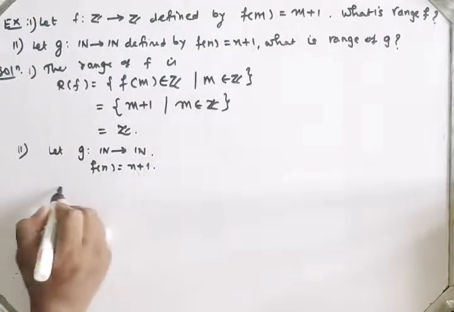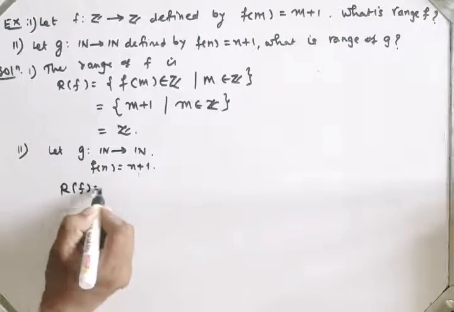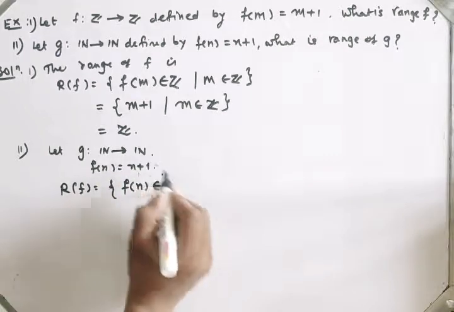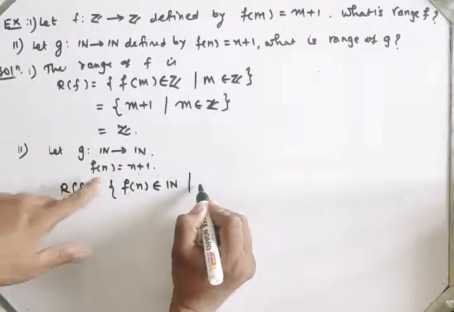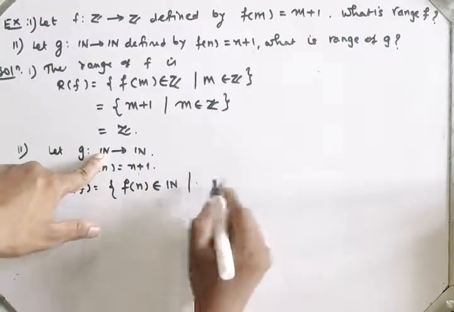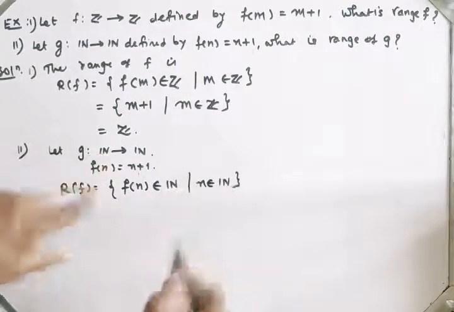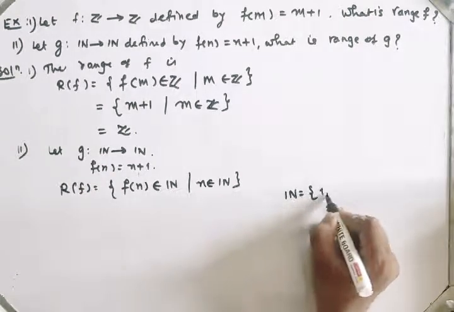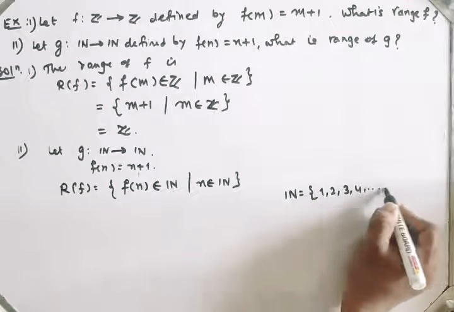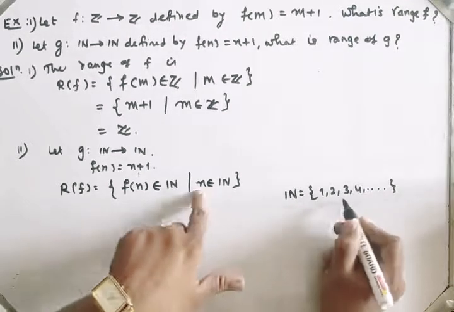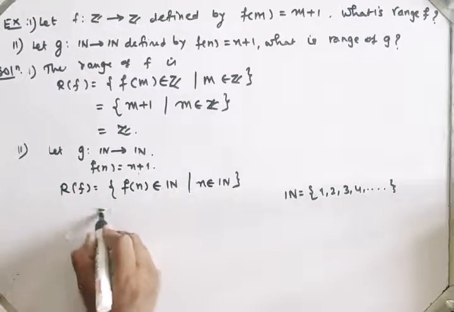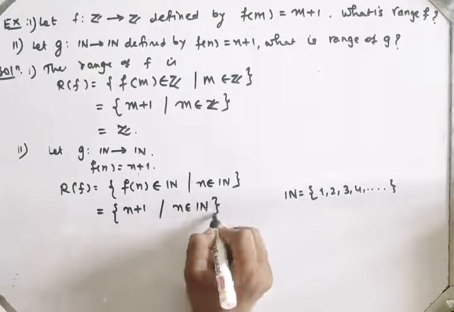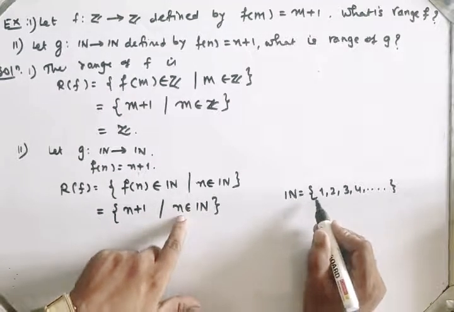So we have to find the range. The range is defined by the set of f of n belonging to the codomain of natural numbers, such that n belongs to the natural numbers. What are the natural numbers? The natural numbers are always 1, 2, 3, 4 and so on. If I take values of n from the natural numbers, f of n is n plus 1 such that n belongs to the natural numbers.